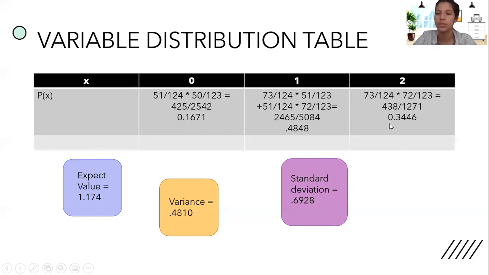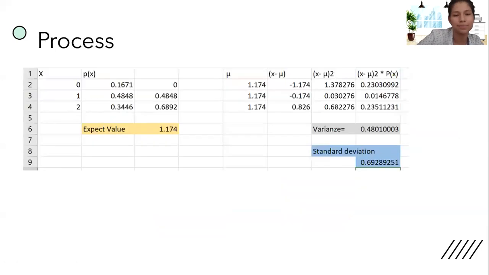And this is the percent. To calculate the expected value, we did it in Excel like this. We take the data and multiply it by the percent, and we sum it all up, and this is the result, 1.174.